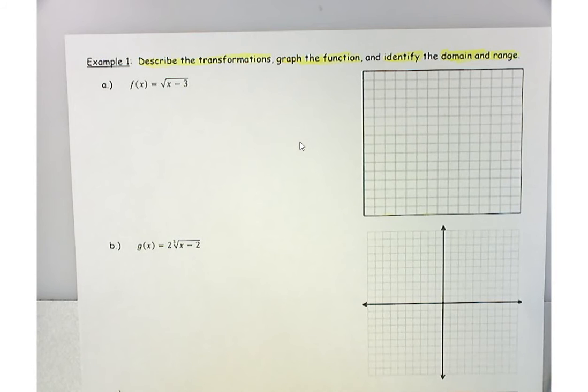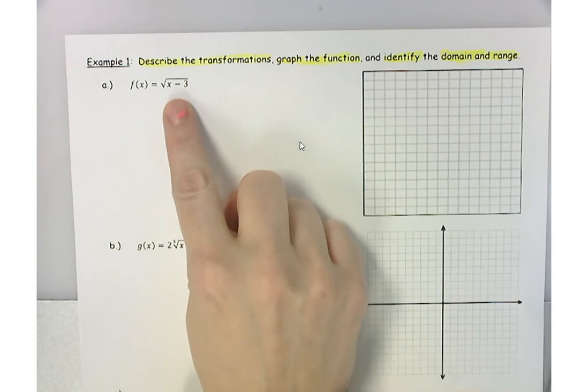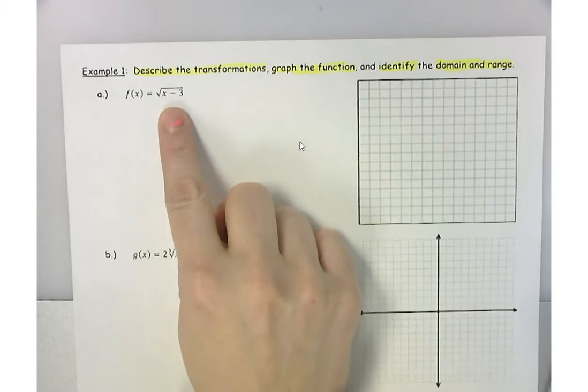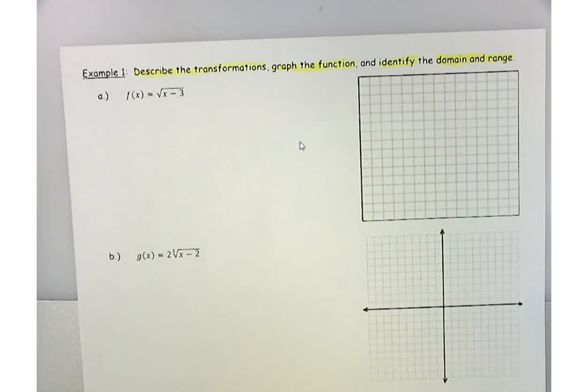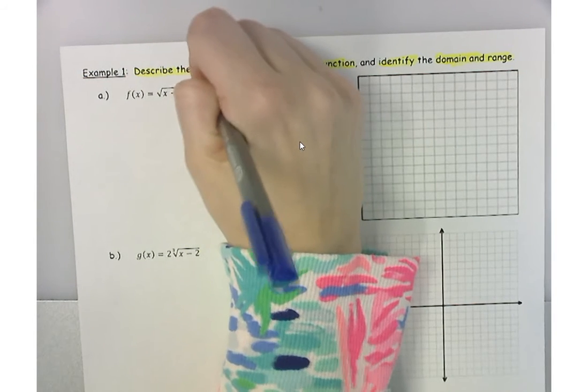So now, if something is happening under the radical, that's going to be some kind of horizontal transformation. It'll be a translation if it's added or subtracted, and if it's multiplied, then you're going to have a compression or a stretch.